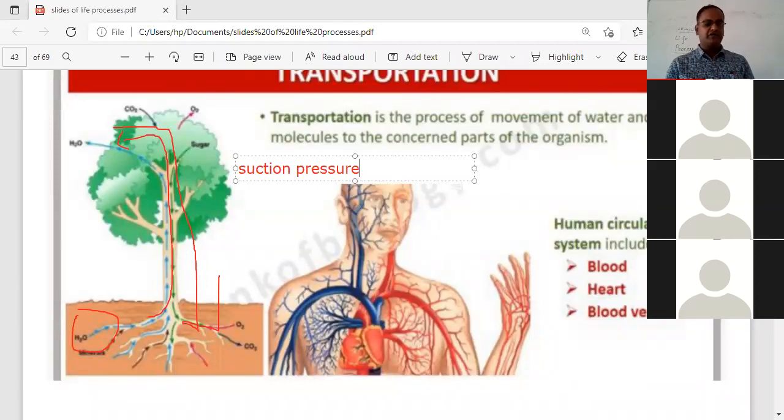That means if water is continuously absorbed from the root and goes through the leaves into the atmosphere, a signal goes back to the root to keep on absorbing more and more water. And this suction pull results due to which mechanism? Can you tell me, students? Yes, correct, transpiration.